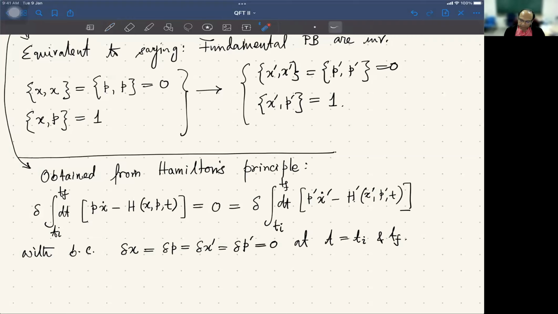Because of these boundary conditions, we could relate the integrand here and the integrand here, because the difference between these two integrands must be a total time derivative.